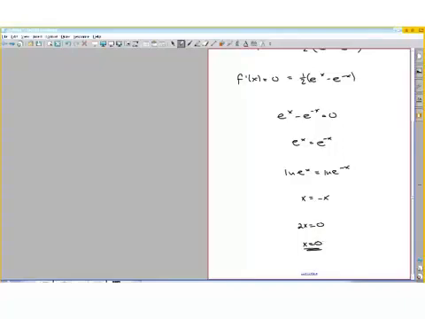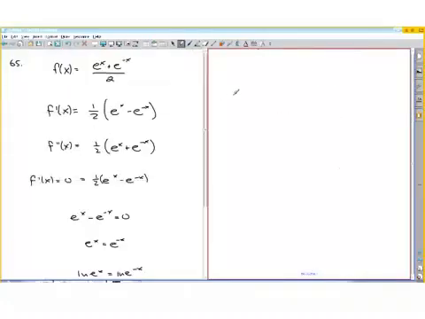Now the question is, is that an extrema? Don't worry about that. Let's go ahead and do the second part, where you set f double prime of x equal to 0. So you get 1/2 e to the x plus e to the minus x.